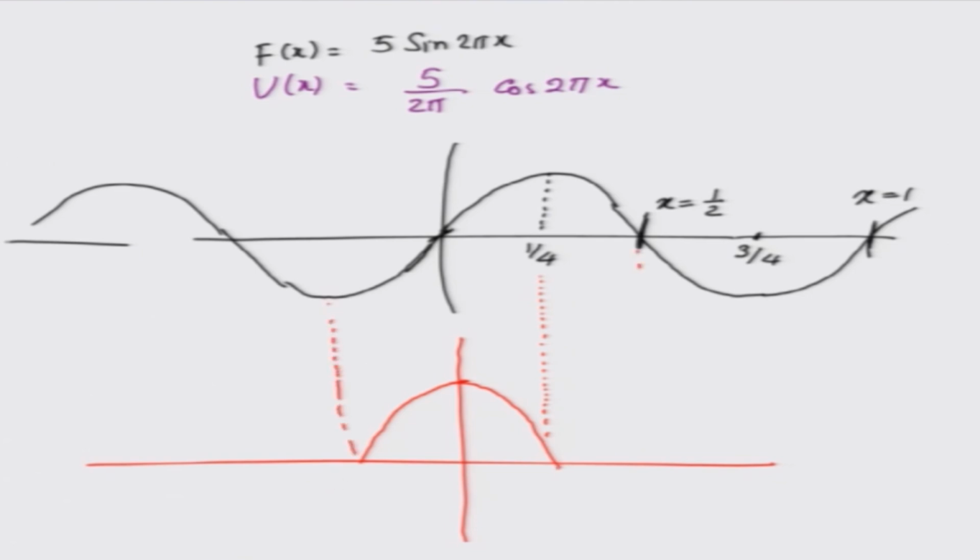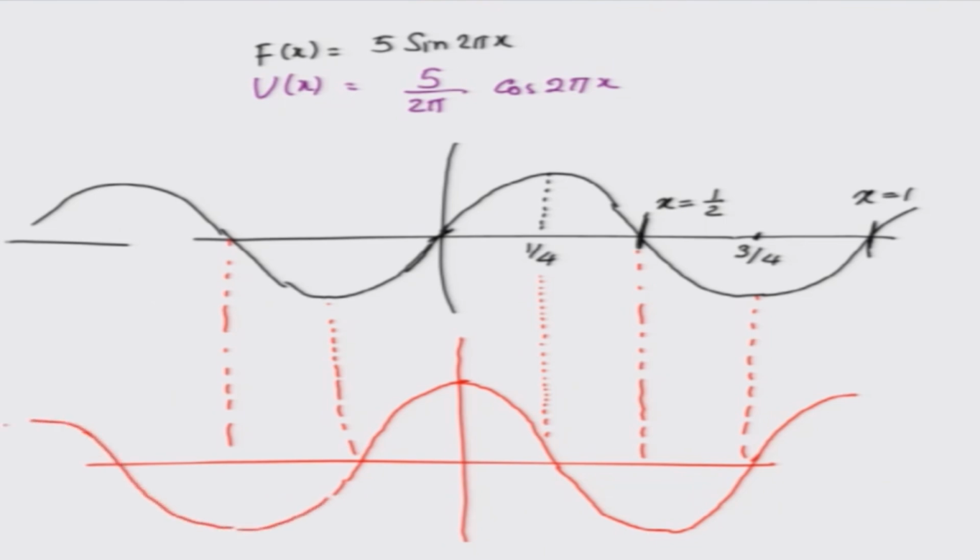Then when the force is 0, the potential energy is going to be either maximum or minimum, and therefore it behaves like this, and again largest slope at x equals 3 by 4, and 0 is again going to be maximum or minimum, and same thing on the other side. So, this is the potential energy 5 over 2 pi cosine of 2 pi x.